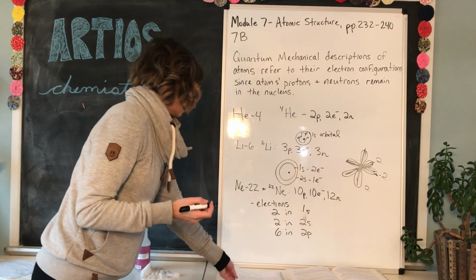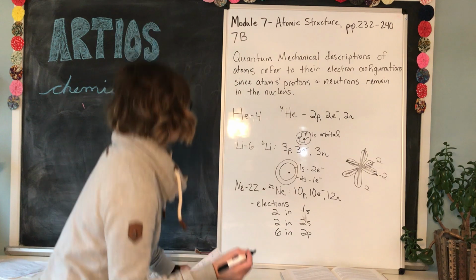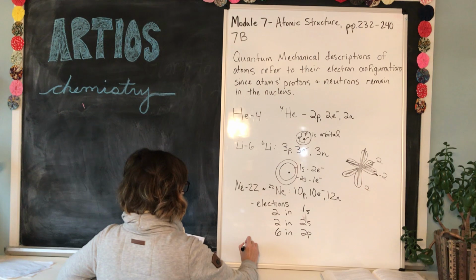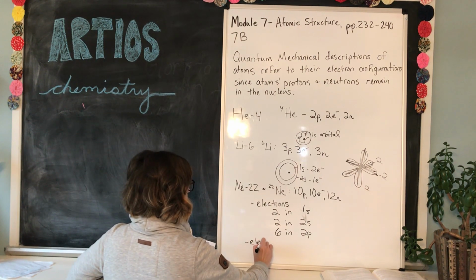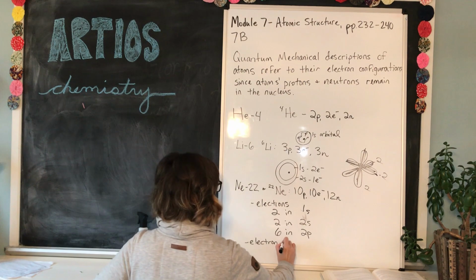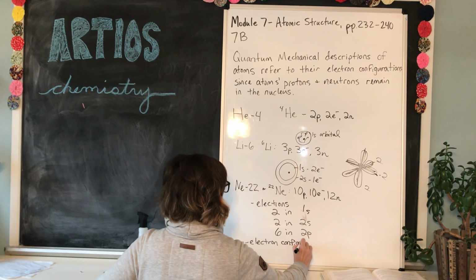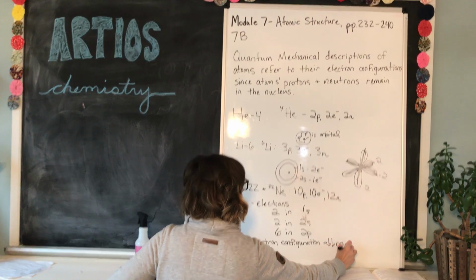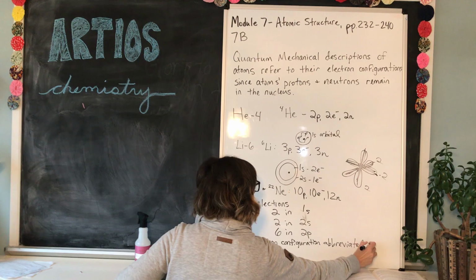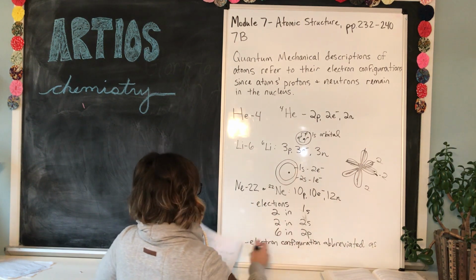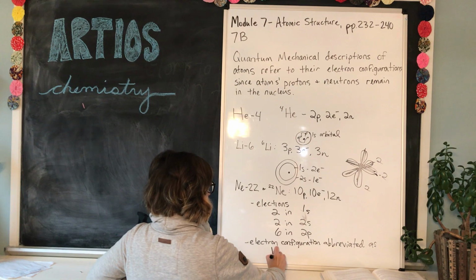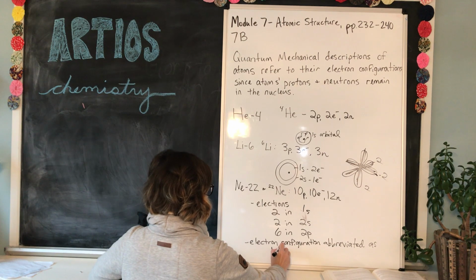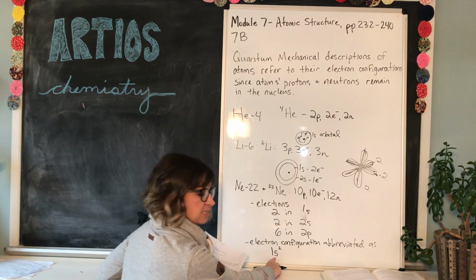Okay? Now there's a special way to abbreviate the electron configuration. We say 1s, let's start with the lowest energy orbital, 1s, 2, meaning there are 2 electrons in the 1s orbital.